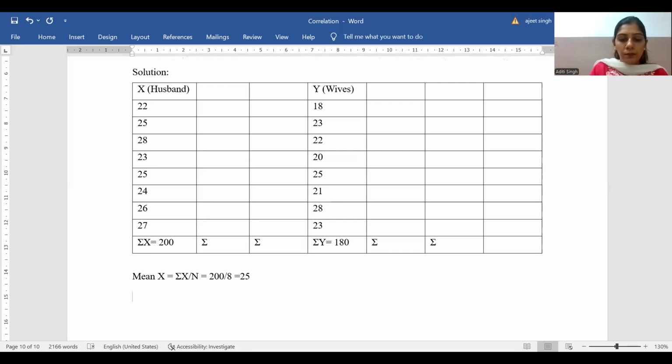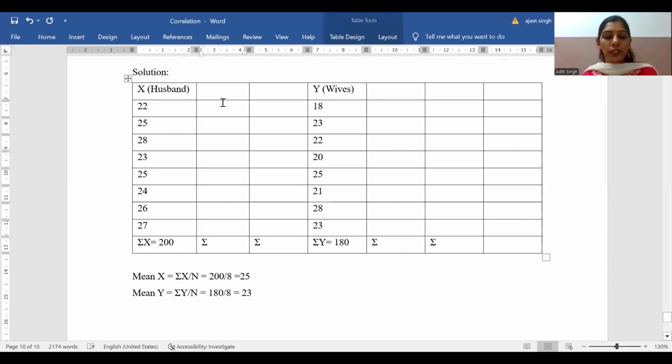Now mean of y is equal to sum of y divided by n. 180 divided by 8, so the answer will be 23.